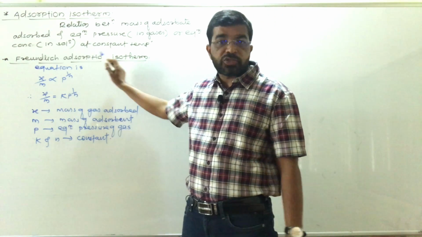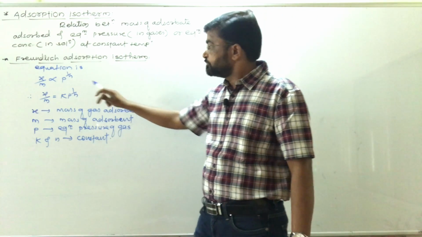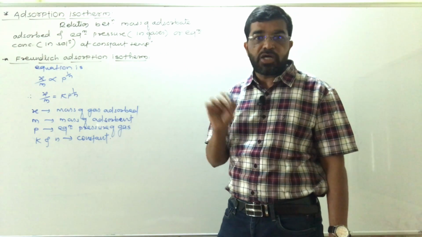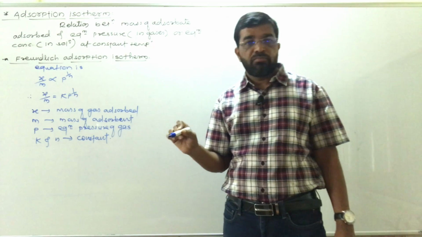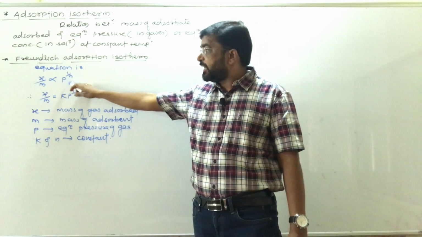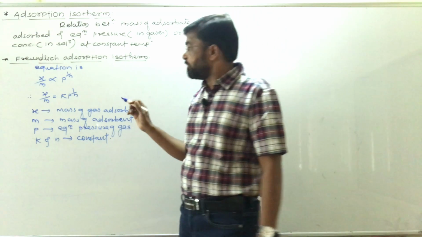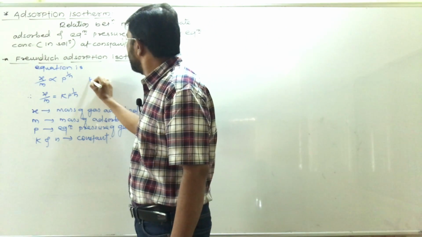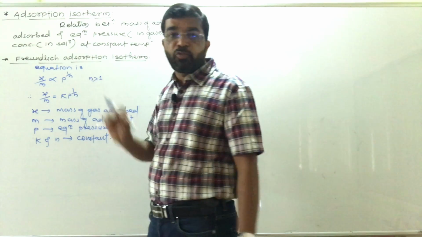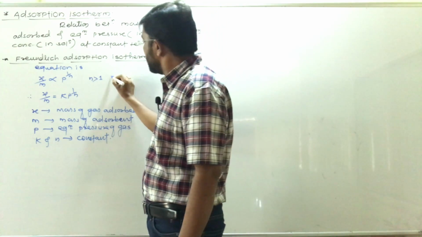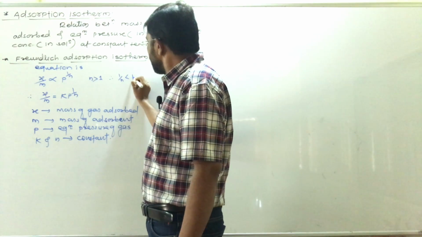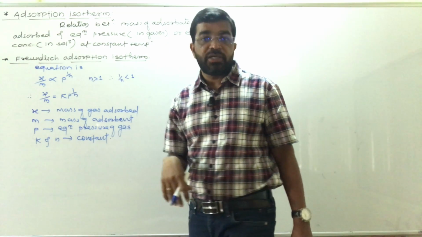According to Freundlich's adsorption isotherm, x by m is the adsorption, the mass of adsorbate adsorbed per unit mass of adsorbent, and it is directly proportional to p raised to 1 by n. Here the point to be remembered is that n is greater than 1. Therefore 1 by n is less than 1.